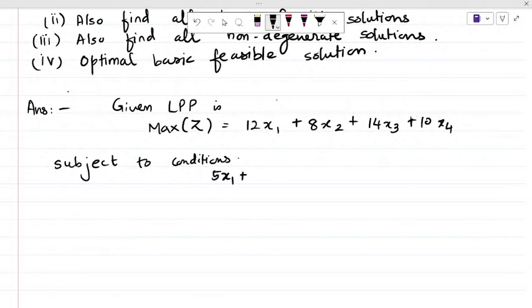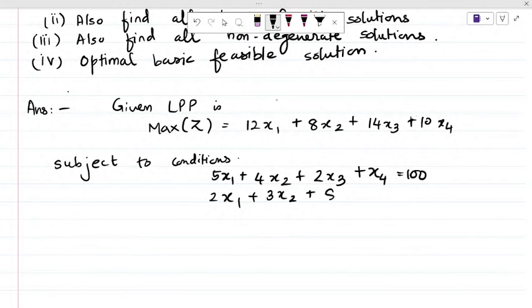5x1 plus 4x2 plus 2x3 plus x4 equals 100. And then another condition given to us is 2x1 plus 3x2 plus 8x3 plus x4 equals 75.